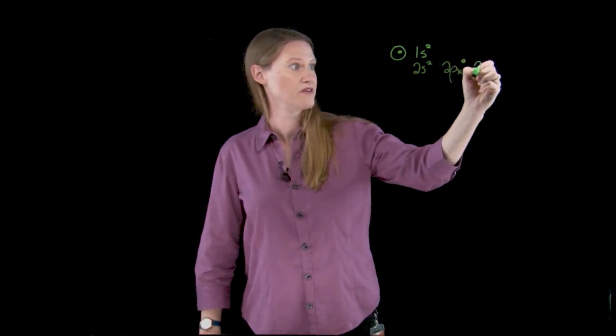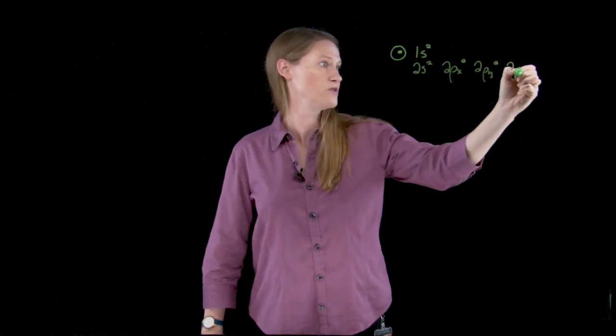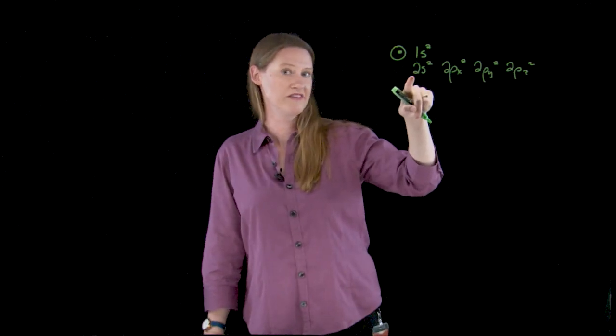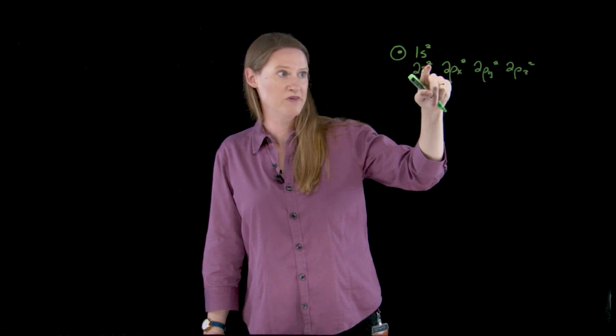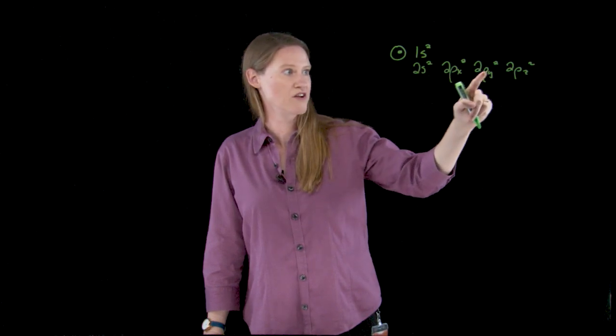So it has a 2s2, a 2px2, 2py2, and 2pz2, where the 2's mean they're in the second shell, and the little 2 means there's 2 electrons, and then each of these are directional.